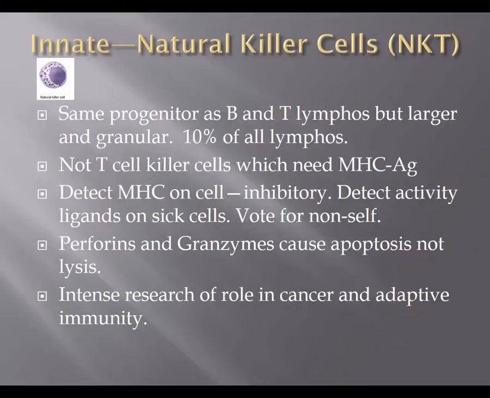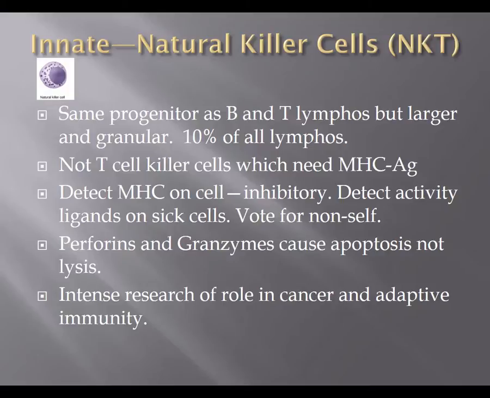Cytotoxic T cells need an MHC class I antigen complex to kill, but these NK cells kill in a different way. They have two types of receptors on their cell surface. The first one detects MHC, and if they detect MHC, they say the cell is a self cell and the NK cell is inhibited from killing it.